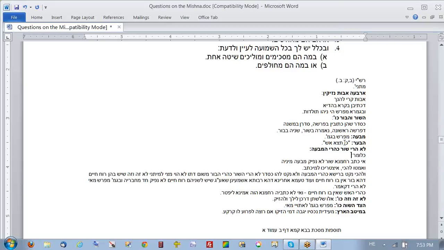Correct. So to my mind, that's an equivalent statement to saying these cases aren't operating on the basis of their chumras. They're operating on the basis of a commonality.